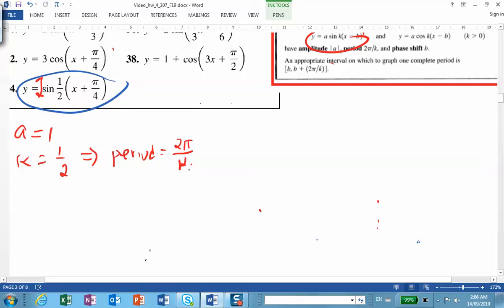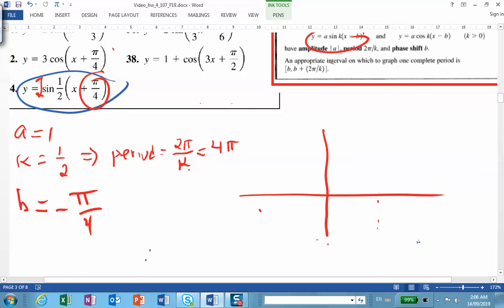Okay, that's good. And the phase shift is negative of that, negative of pi over 4. I want to remind you that because this is plus b and the standard format says x minus b, the minus b is your pi over 4 and b is negative of pi over 4. So let's do a quick sketch here. We may have to clean this up.